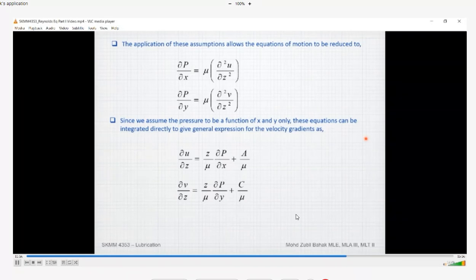So basically, by using the term that we have here, the partial p over partial x, rearranged in order to determine the velocity gradient, we have this velocity gradient, one in the x direction and the other in the y direction, where in this case a and c are constants. Since they are constants, we need to determine the value of a and the value of c.